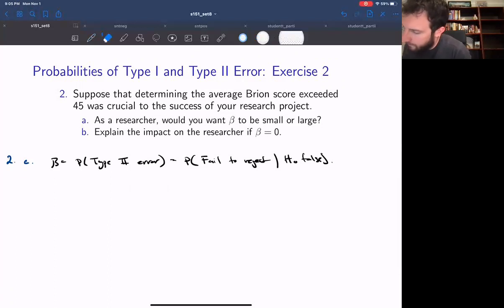So if it's crucial that the average score is bigger than 45, that would mean that it's crucial that we reject the null. So therefore, we would want beta to be as small as possible because beta is the probability of not rejecting.